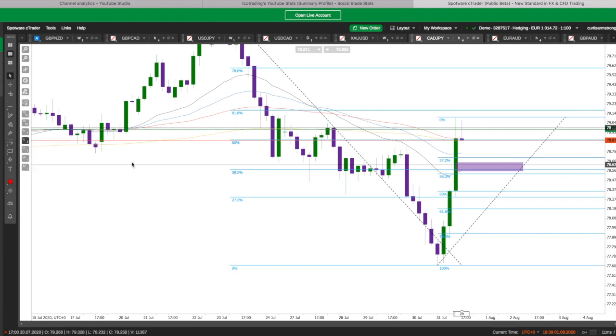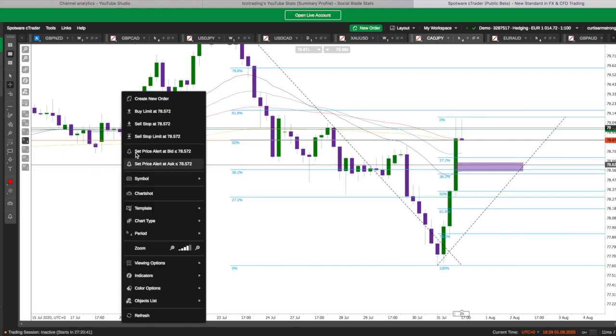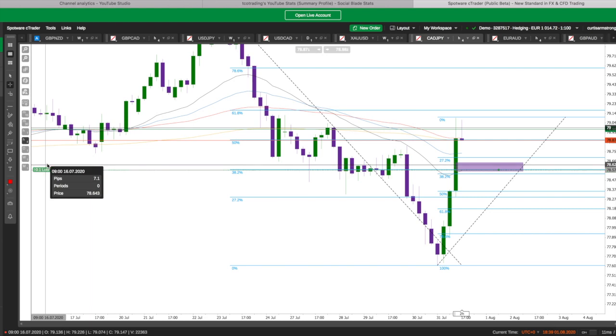So I'd go in here. I'd probably use, let's just see a second. Yeah, I'd go about 7 pips above this new 38.2 Fibonacci. Something like that.